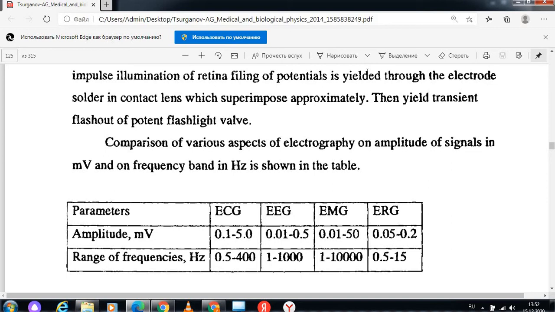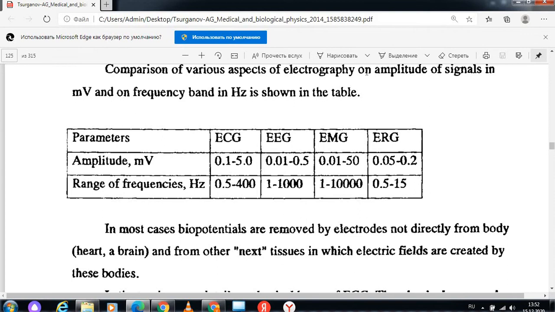To compare various aspects of electrography on amplitude of signals in millivolts. Don't forget, a milli is 10 to the power of -3 volt, and on frequency band in Hertz, it's shown here on the table.